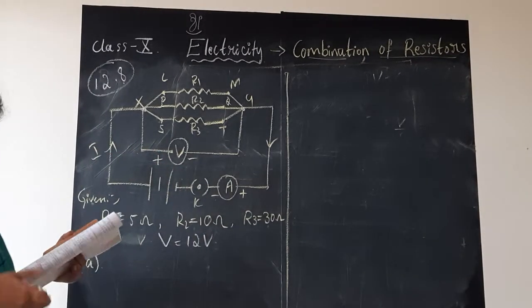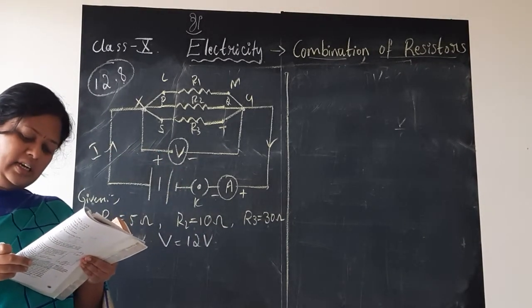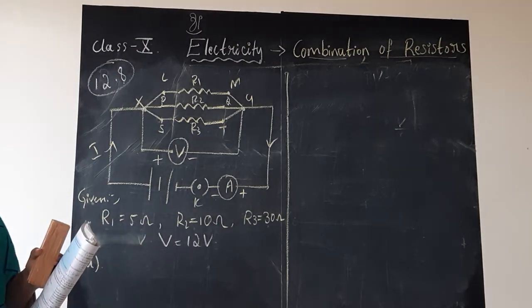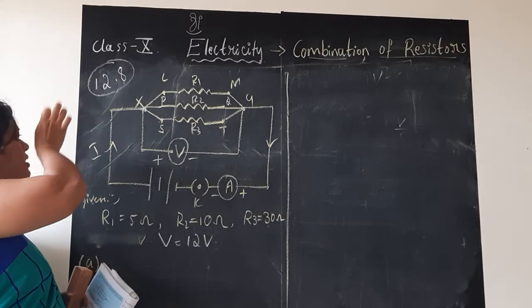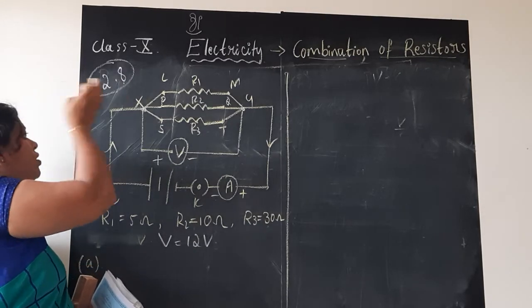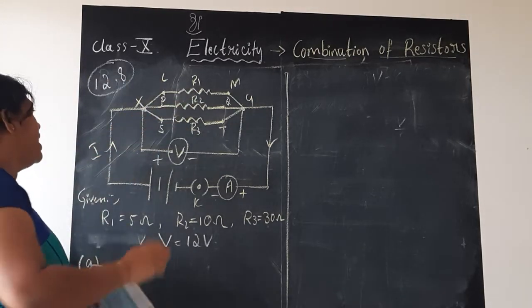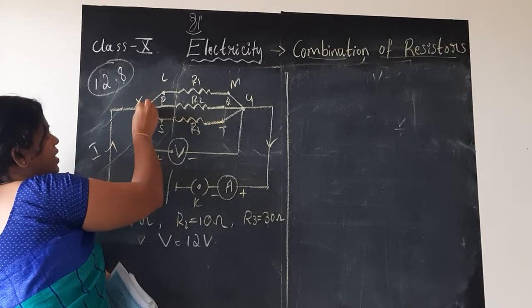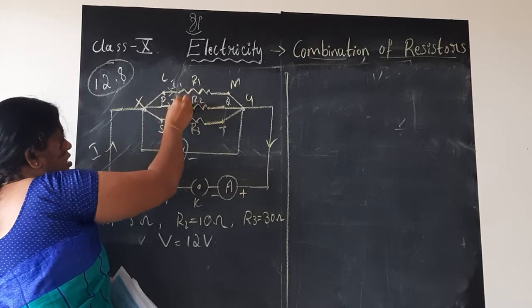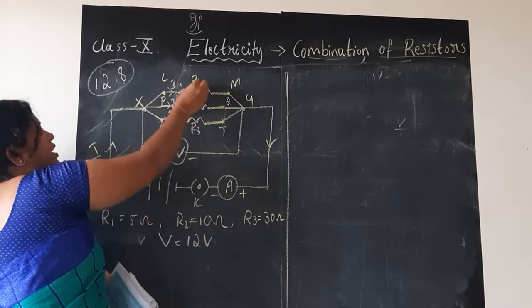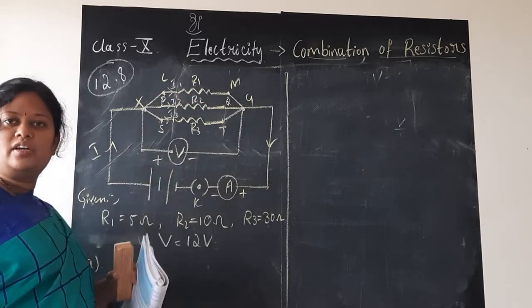In the first part A, what they have asked is, calculate the current through each resistor. Here they are not asking us to find the total resistance, but the current through each resistor. We know that when resistors are connected in parallel, this current I, when it crosses this junction, is split into I1, I2 and I3 across the resistors R1, R2, R3.